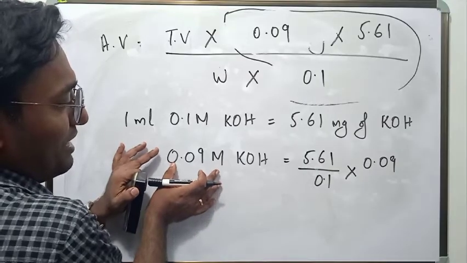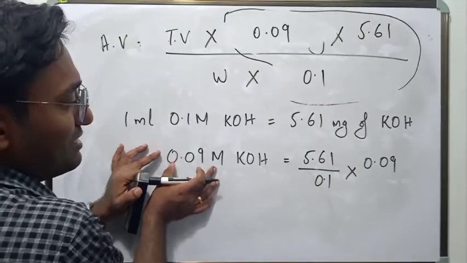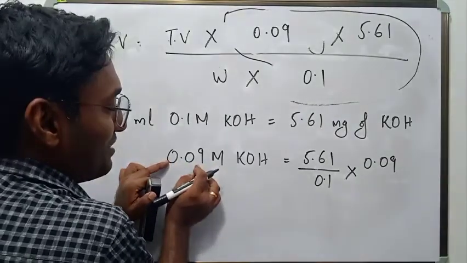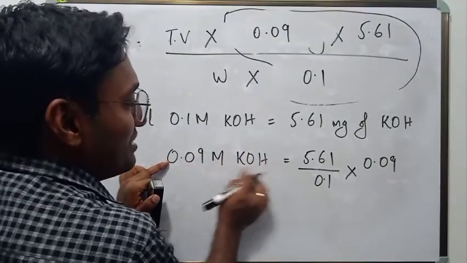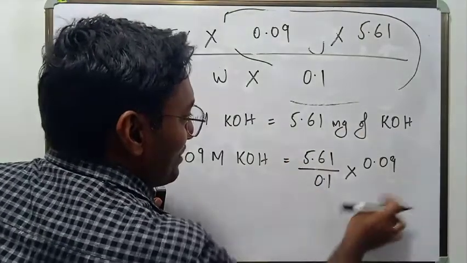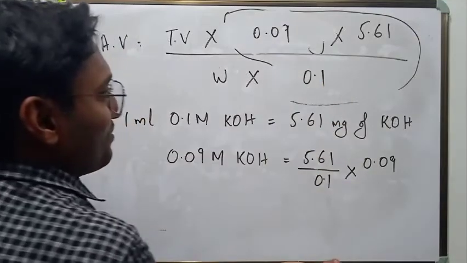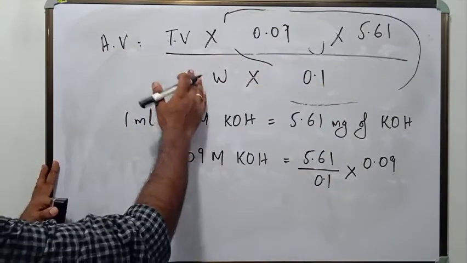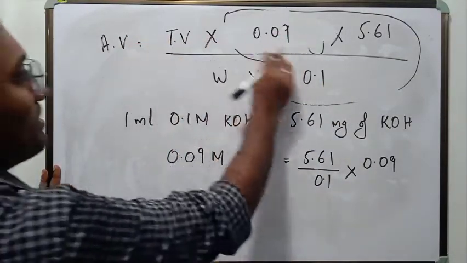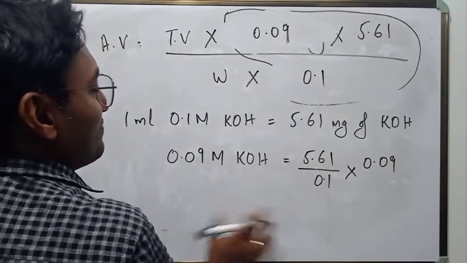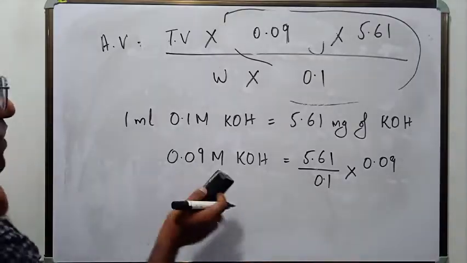I found it after standardization against oxalic acid. So how will I calculate the mg of KOH for this much strength? This is what I have put here. It is the same thing I told, but with a little adjustment for the variation in the standardization value.